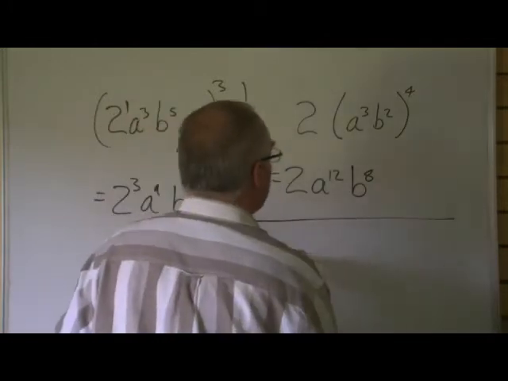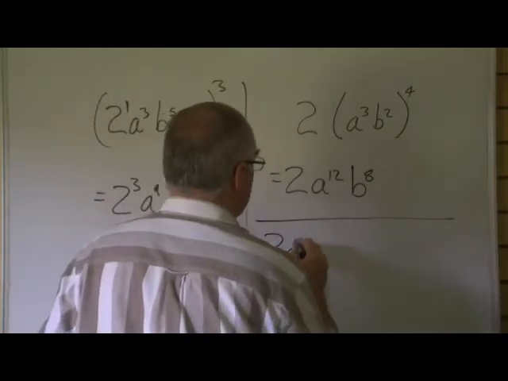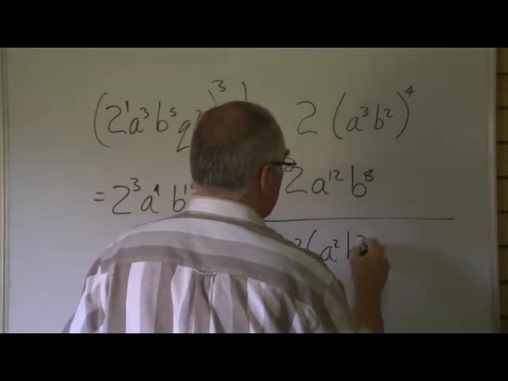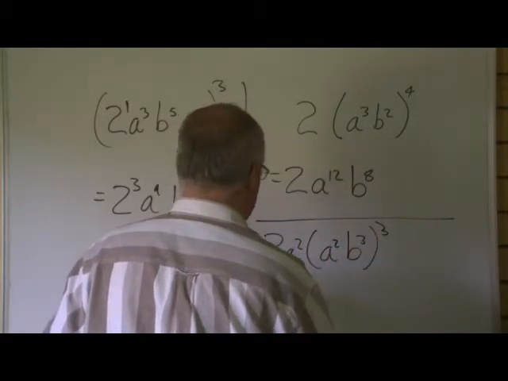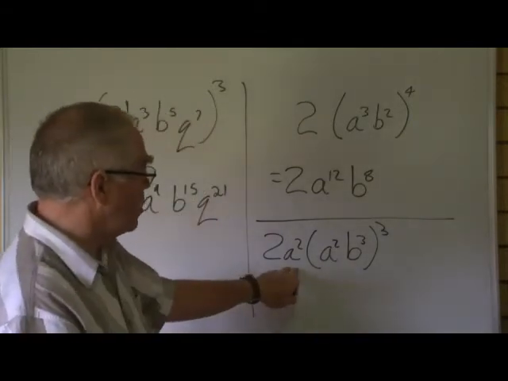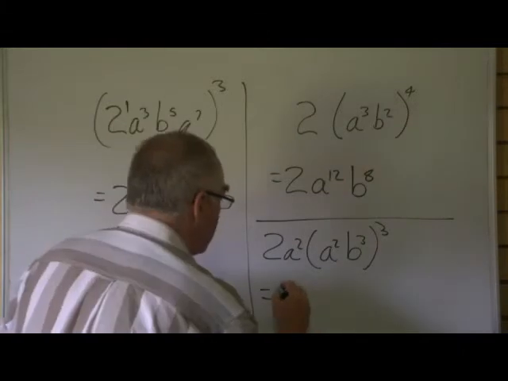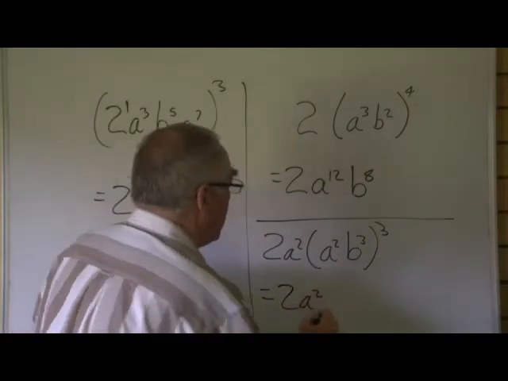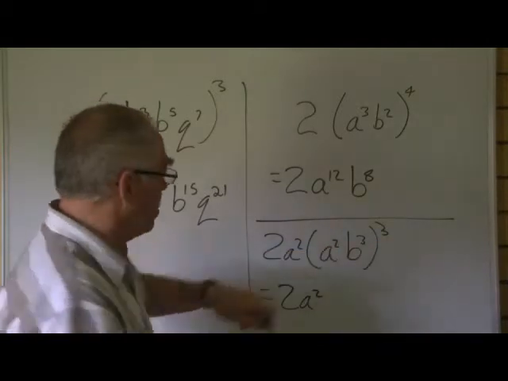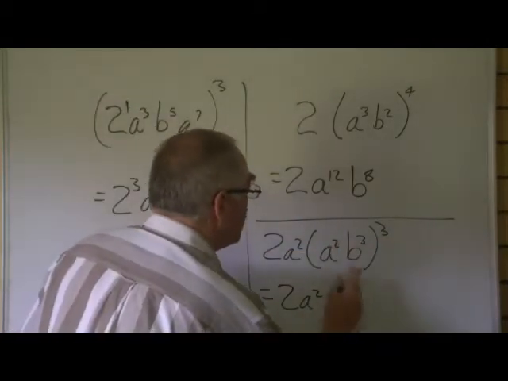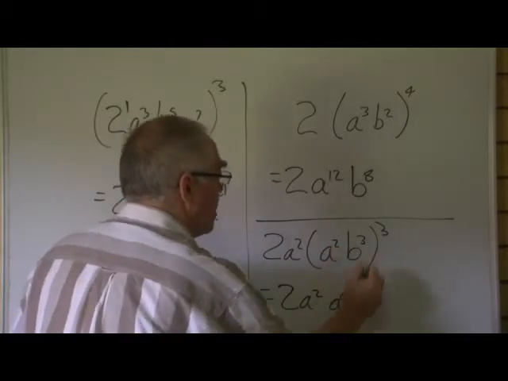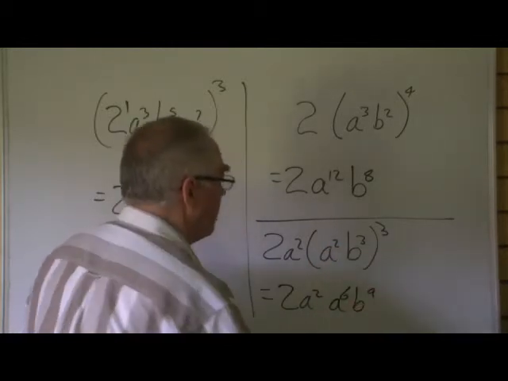Let's take a look at what happens if we have 2a squared b cubed to the power of 3. This is a two-step process. The 2a squared is outside the brackets, does not get affected by this power here. Now we bring this one inside, so we're going to now have an a to the power of 2 times 3, which is 6, b to the power of 9.